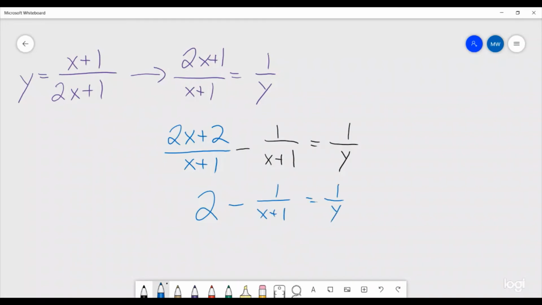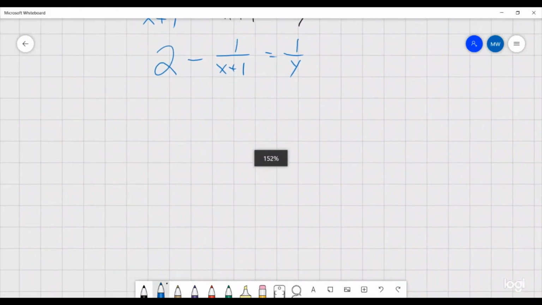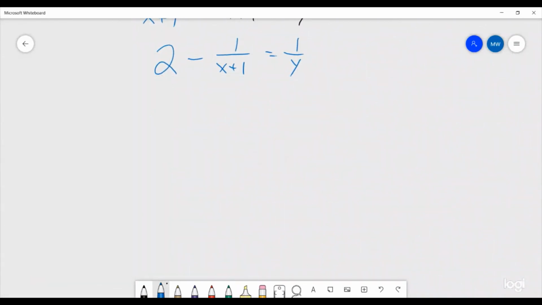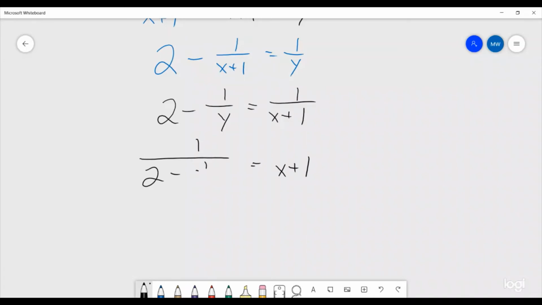Since we're trying to solve for x, let's isolate the x by itself. If we add the 1 over (x plus 1) to the other side and subtract off the 1 over y, we get 2 minus 1 over y equals 1 over (x plus 1). If we flip the fraction again, that gives us x plus 1 equals 1 over (2 minus 1 over y).